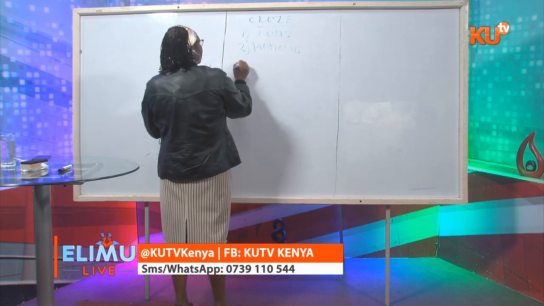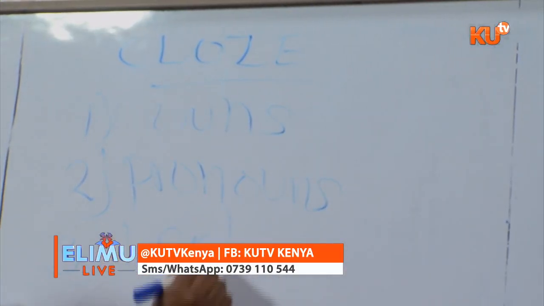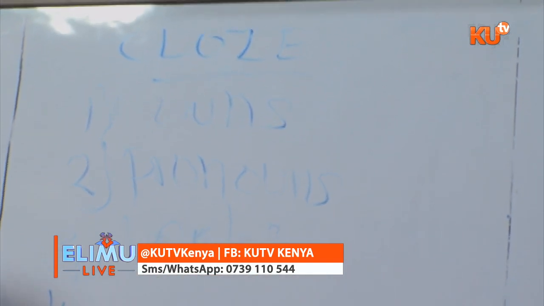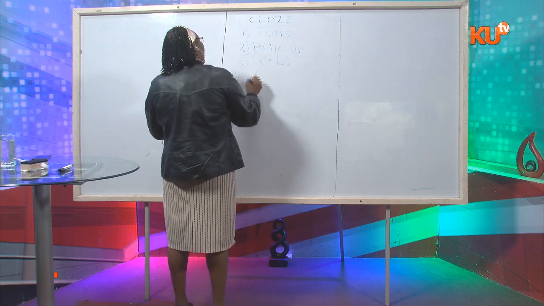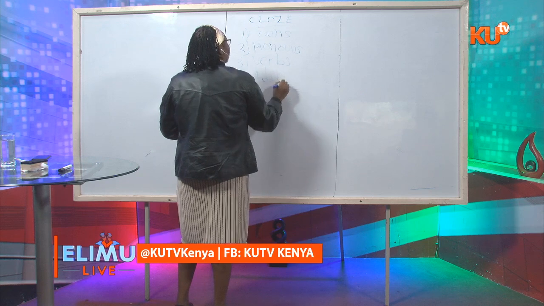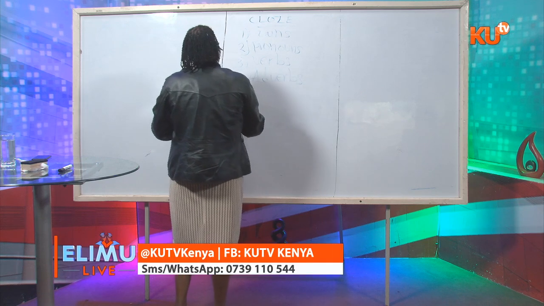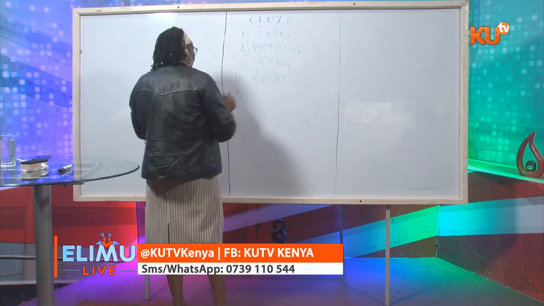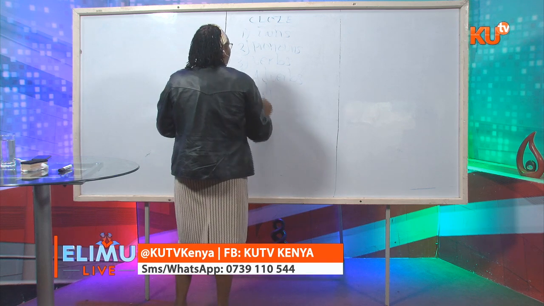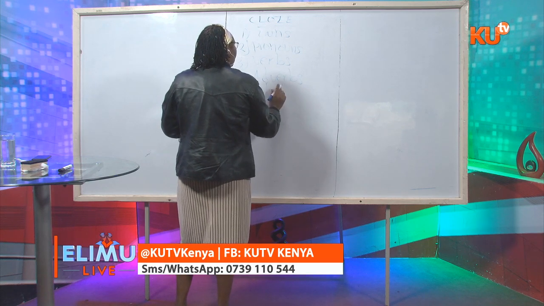Then we have verbs. We have adverbs. Number 5 is adjectives.